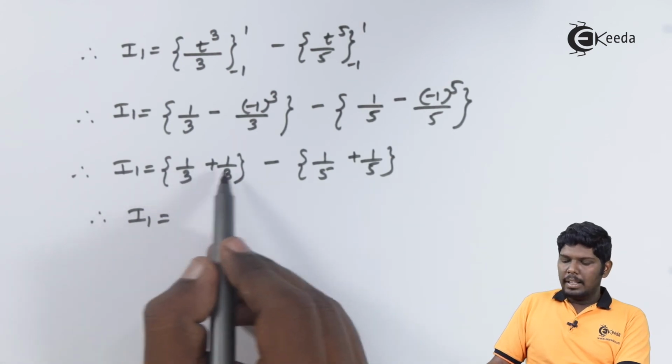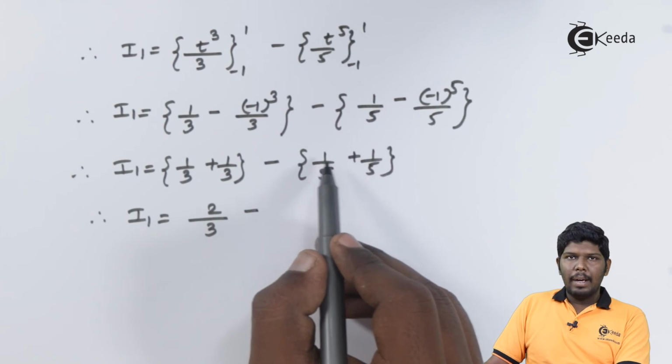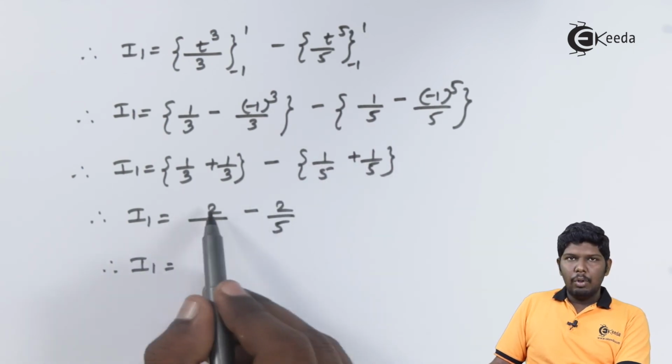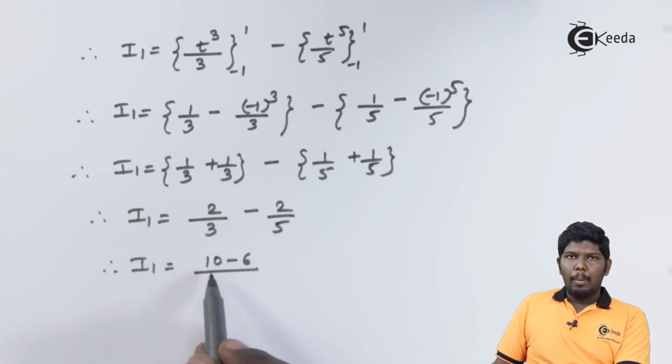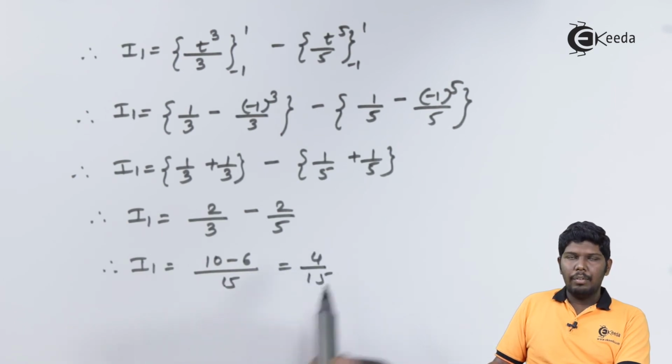I1 will be 1 by 3 plus 1 by 3 will give you 2 by 3, and 1 by 5 plus 1 by 5 will give you 2 by 5. This will give you 10 minus 6 upon 15, that is equal to 4 upon 15.